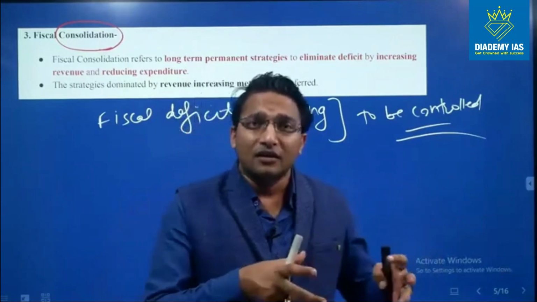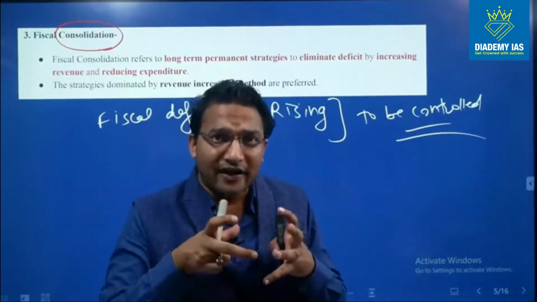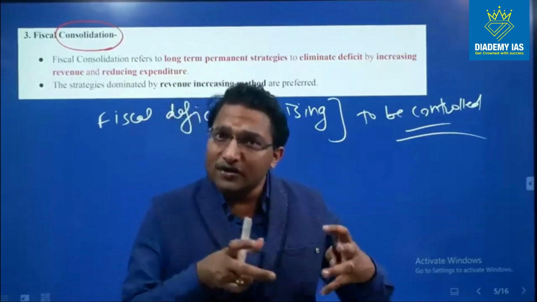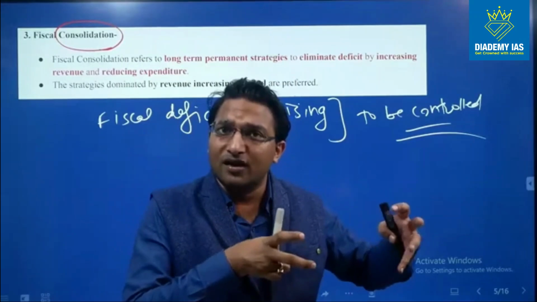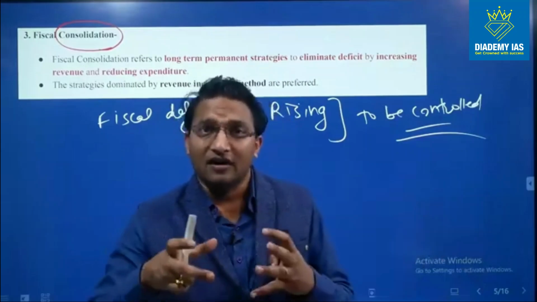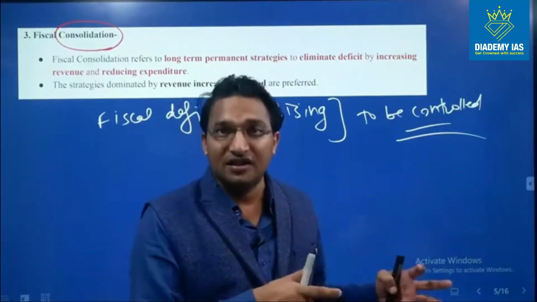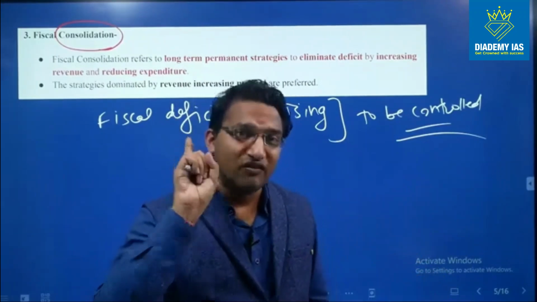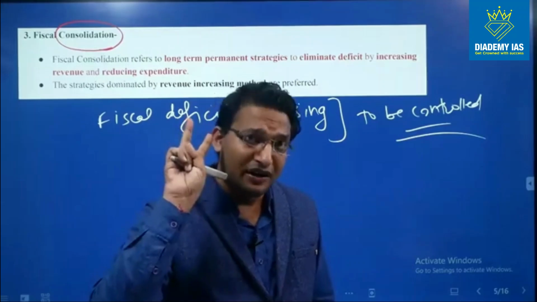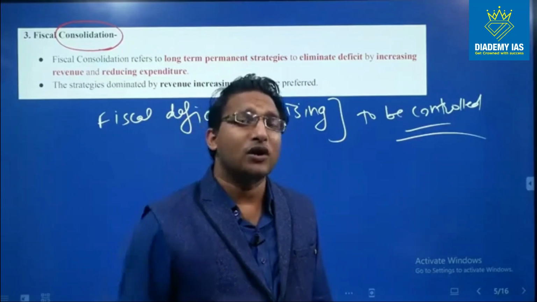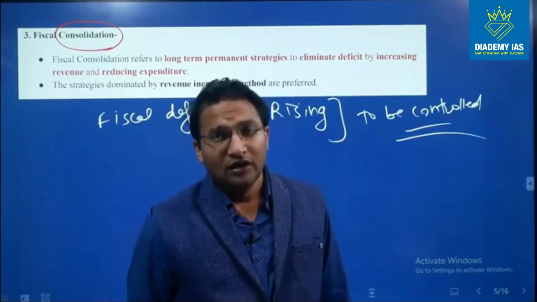What is the adverse impact of that? The production capacity of the country decreases, so that decreases the GDP of the country. That means the economic growth rate declines. So the first adverse impact was inflation. Second, it creates an obligation on the future generation, and third, it crowds out private investment.